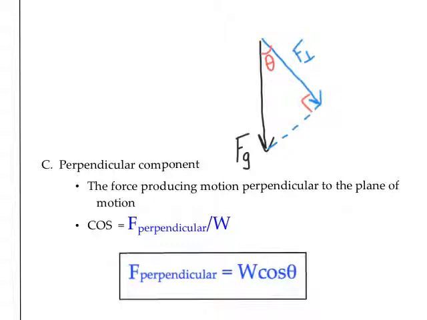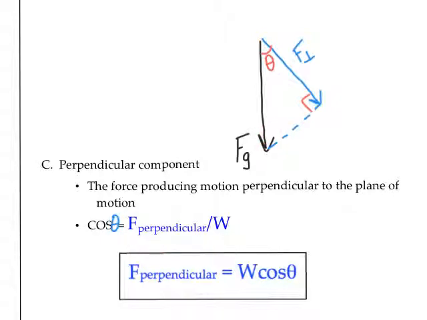So now when we look at the perpendicular component to the weight on that part of the picture that we drew, it now becomes the adjacent leg to our angle. So for the force producing motion perpendicular to the plane of motion, we can use the cosine of the angle and say that the cosine is equal to the adjacent leg, which is perpendicular, divided by the hypotenuse, which is our actual weight or gravitational force.